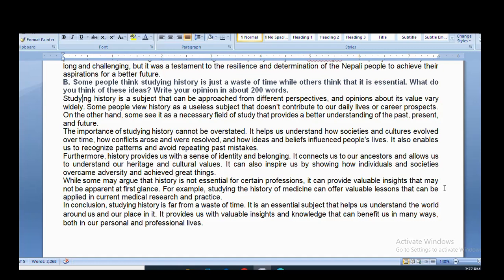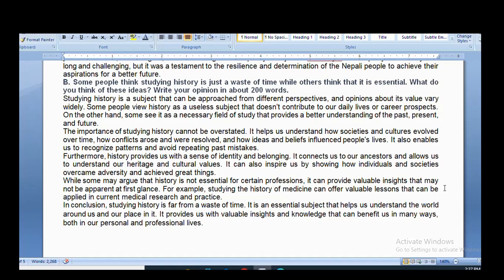It connects us to our ancestors and allows us to understand our heritage and cultural values. It can also inspire us by showing how individuals and societies overcame adversity and achieved great things. While some may argue that history is not essential for certain professions, it can provide valuable insights that may not be apparent at first glance.